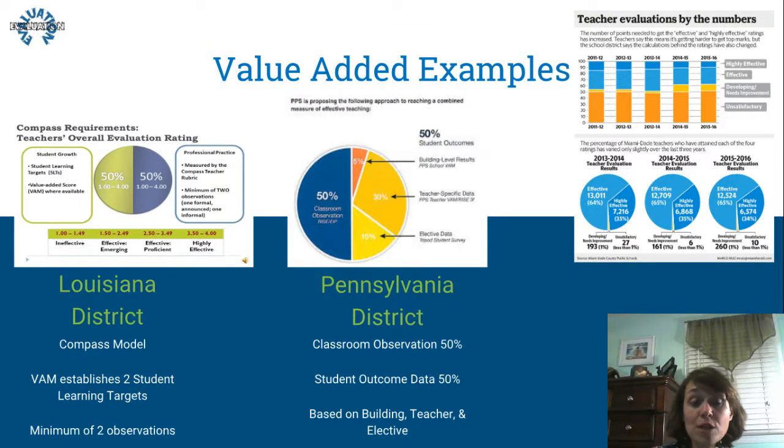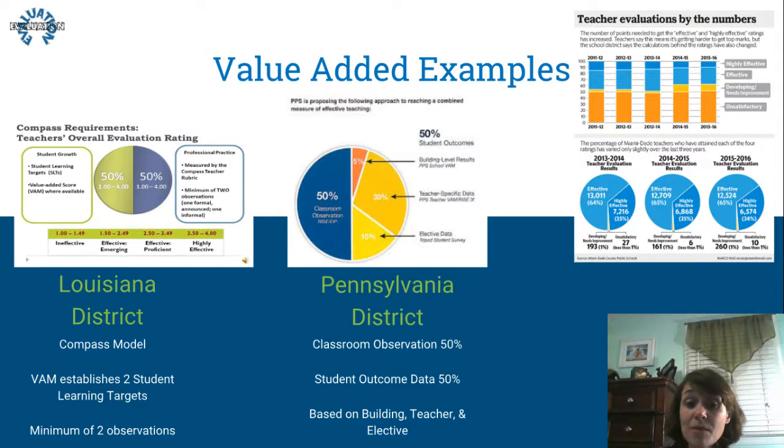And those learning targets were assessed with a student performance-based test. And then the teacher was also required to have a minimum of 2 observations, which would make up the other 50%. So we're looking at 50% based on student achievement, and then 50% of the teacher's total evaluation based on 2 observations. So again, a lot of variability could happen there.